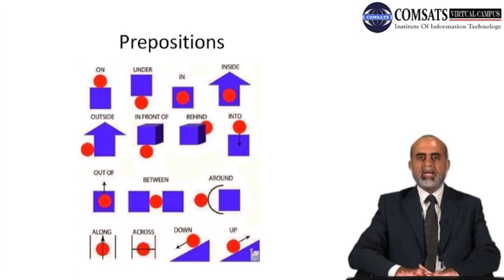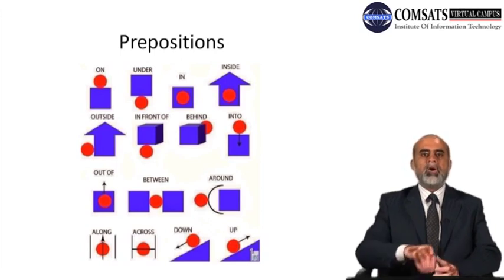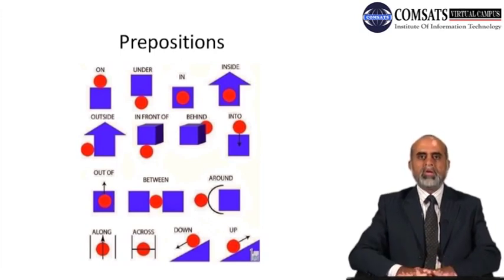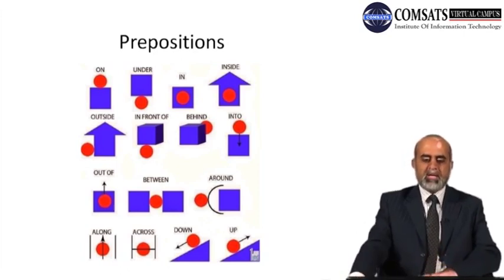So we must remember the difference between in and into, on and onto. On and onto have the similar difference. The ball is on the table. The ball is bouncing onto the table. Onto is preposition of movement, and on is the preposition of place or location.